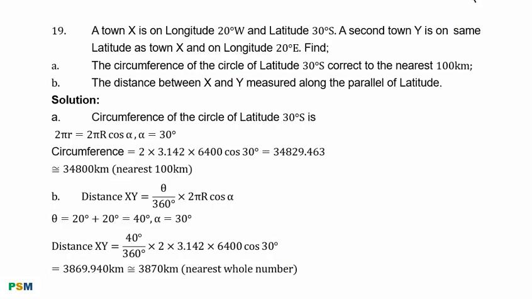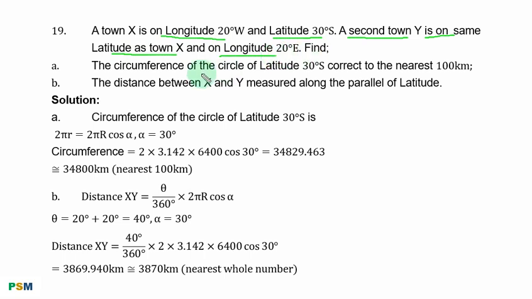Example 19. A town S is on longitude 20 degrees west and latitude 30 degrees south. A second town Y is on the same latitude as town S and on longitude 20 degrees east.